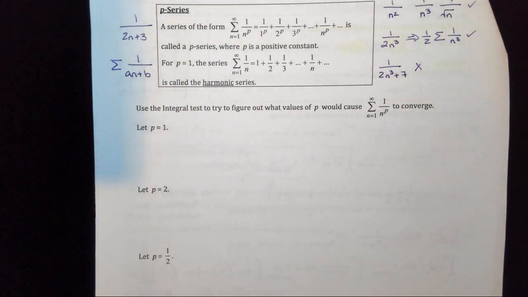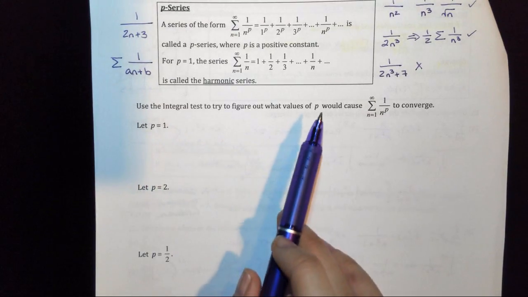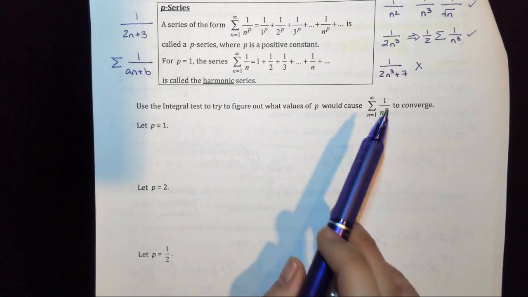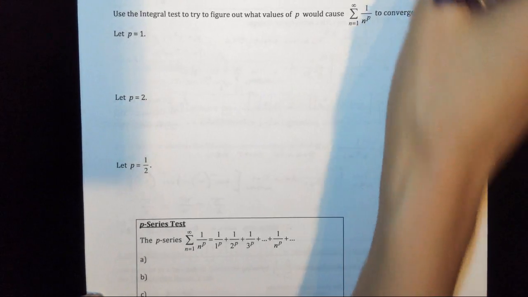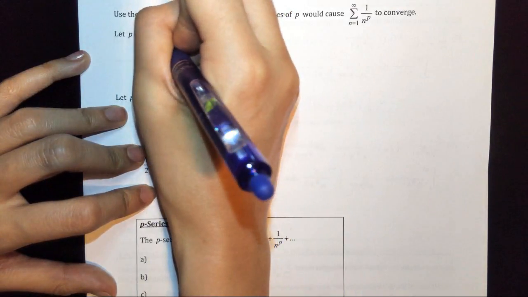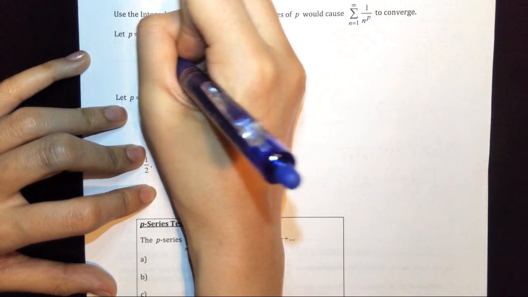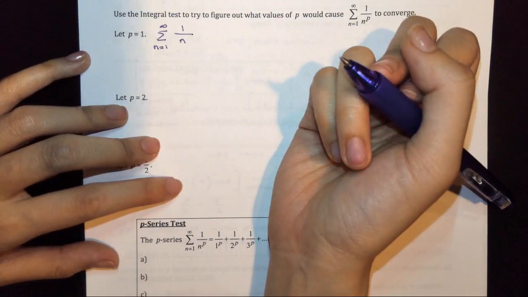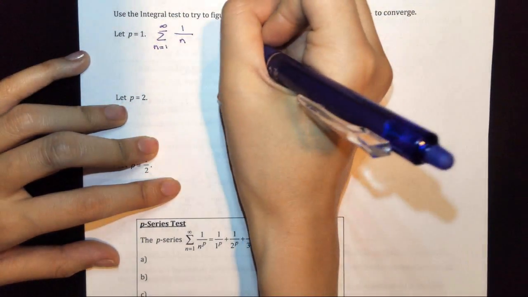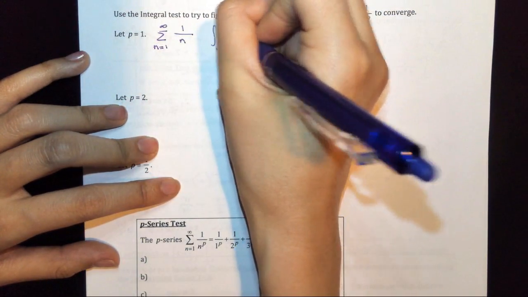All right, let's see if we can use the integral test to find out what values of p would cause this series to converge or diverge. So we're going to start with p equals 1. That's the harmonic series, but I would be trying to find out if the sum from 1 to infinity of 1 over n converges or diverges. So we do the integral from 1 to infinity of 1 over x dx.